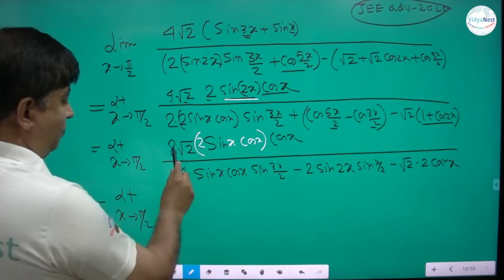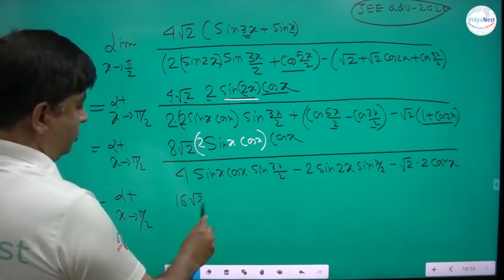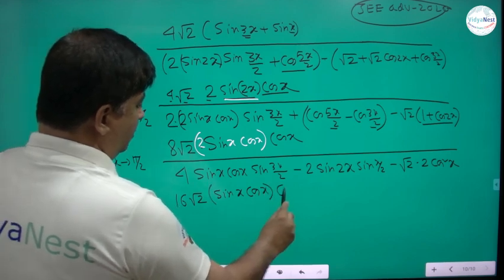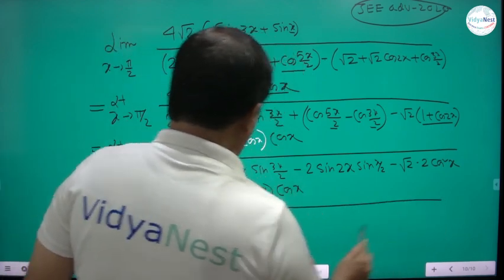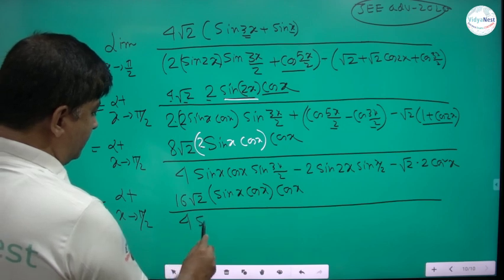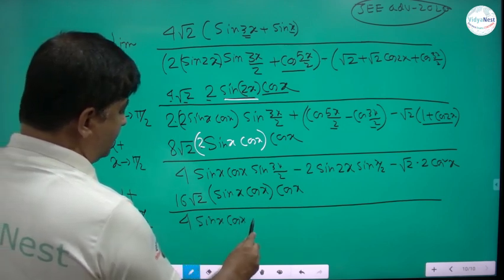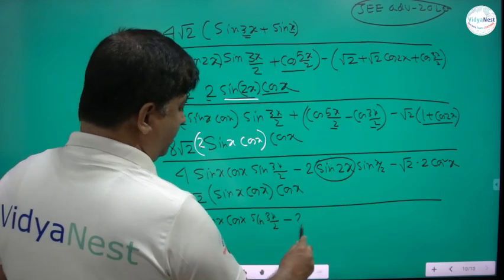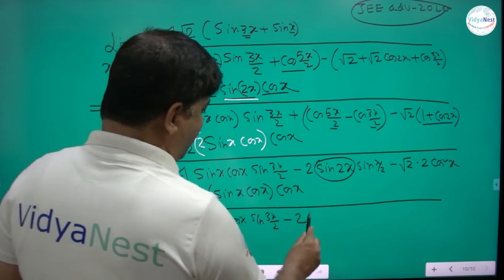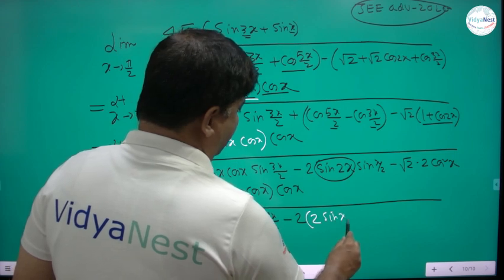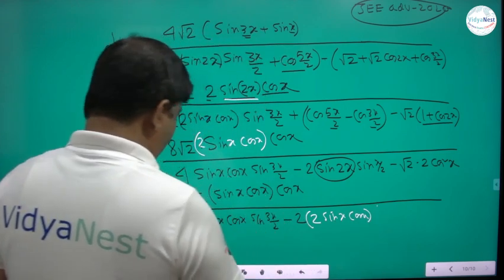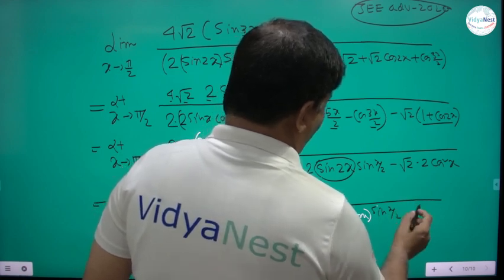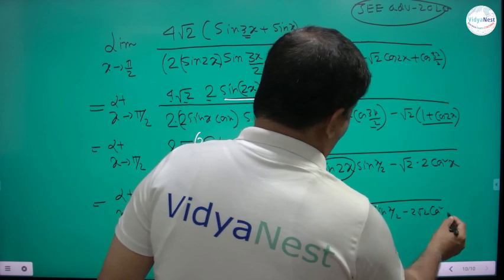These two will get multiplied with 8. 16 root 2 sin x cos x into cos x divided by 4 sin x cos x sin 3x by 2 minus that sin 2x also opened by 2 sin x cos x into sin x by 2 minus 2 root 2 cos square x.